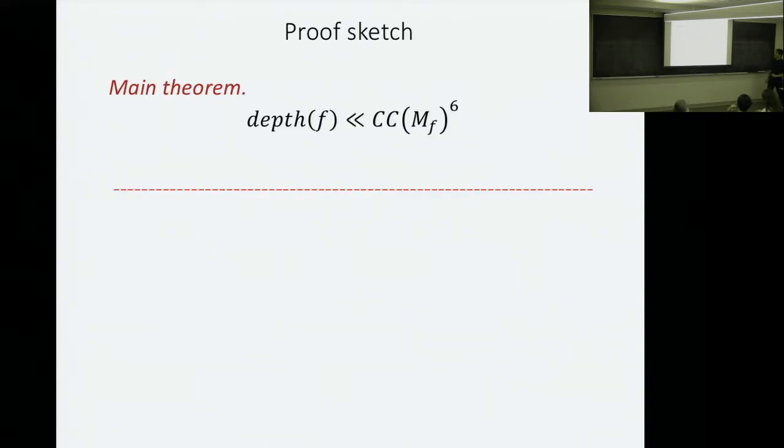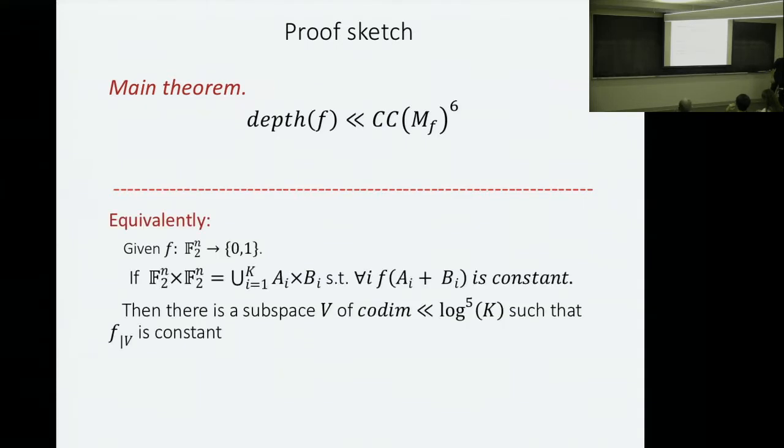Okay, now going back to the main theorem, following the things that I explained, the theorem translates to the following form. If you have a partitioning of your space F_2^n times F_2^n into a few product rectangles, and you know that the function is constant on each subset, then you can find just one subspace that has codimension polylogarithmic in the number of rectangles.